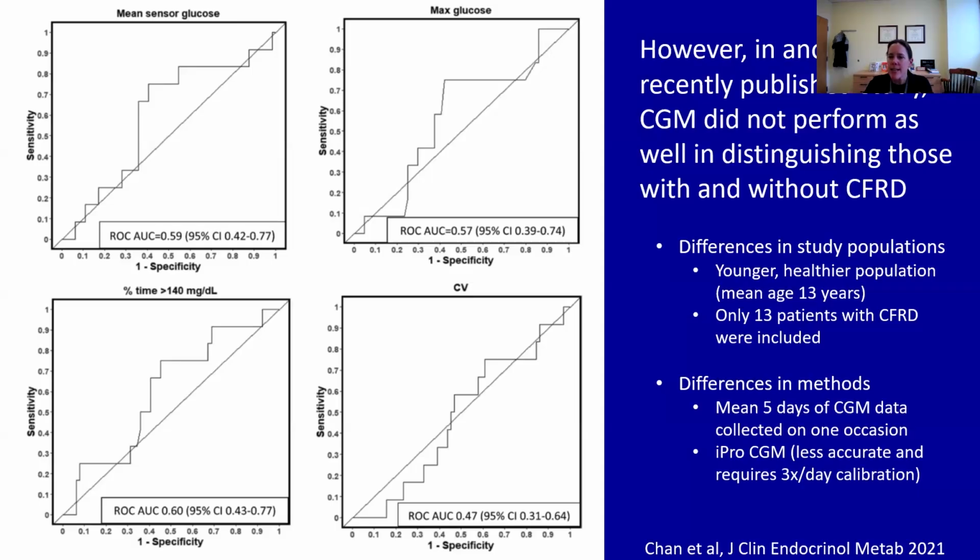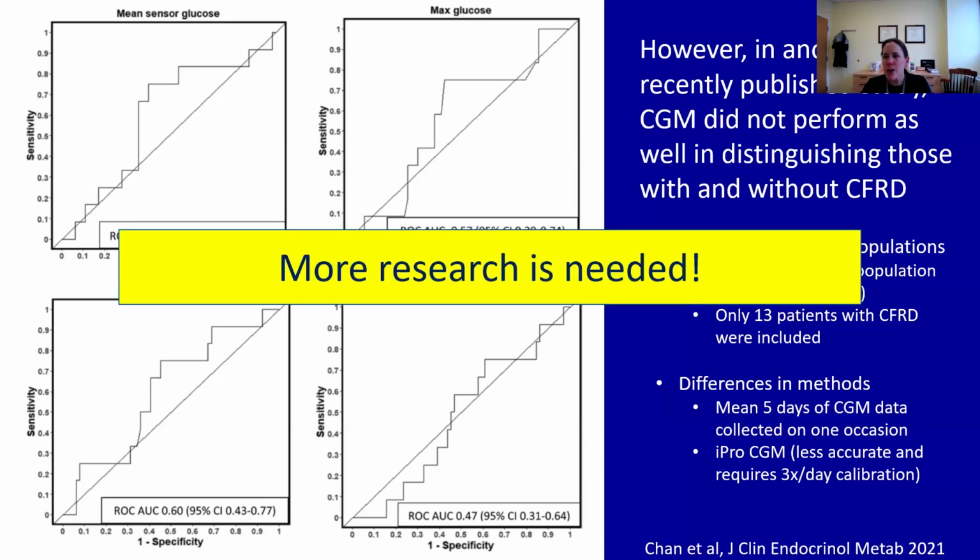And so I think the message here is that what we need are bigger, larger prospective studies where we can identify how CGM can be used as a screening tool in predicting really important CF-specific outcomes, so that one day, my goal, my dream, is to use this in place of oral glucose tolerance testing.